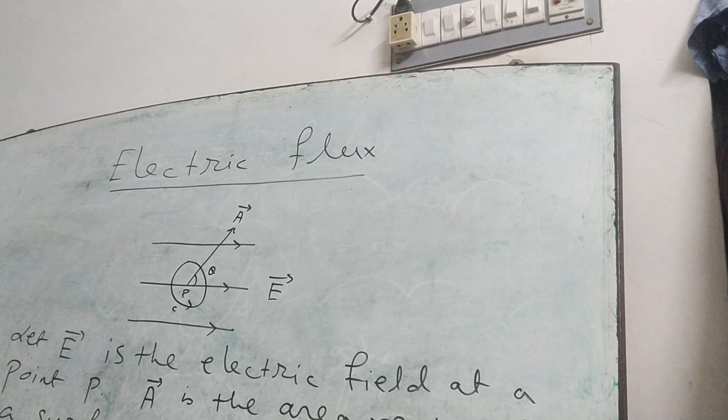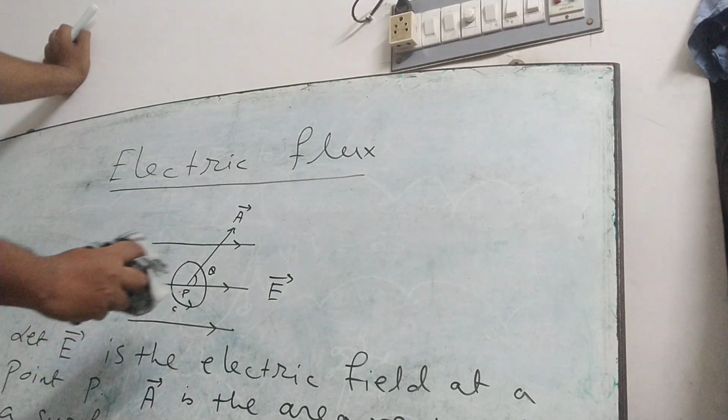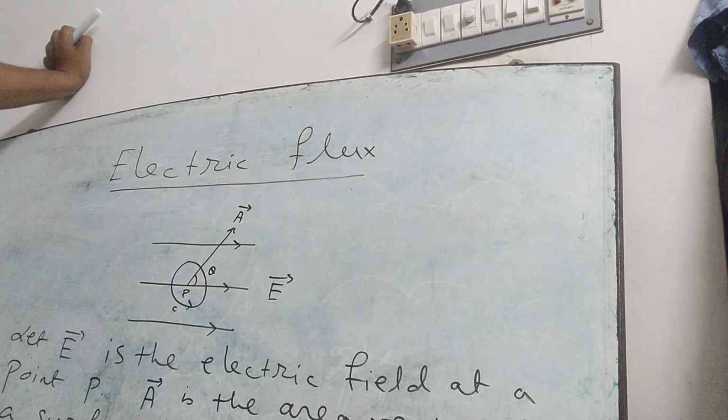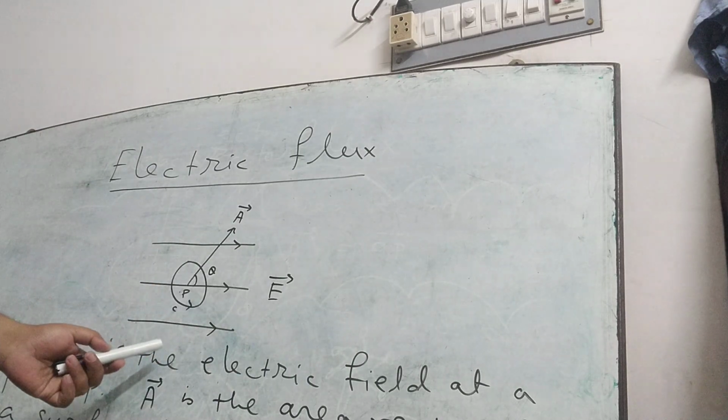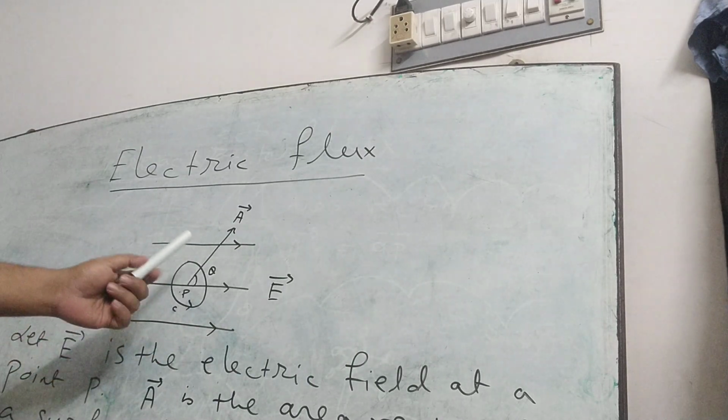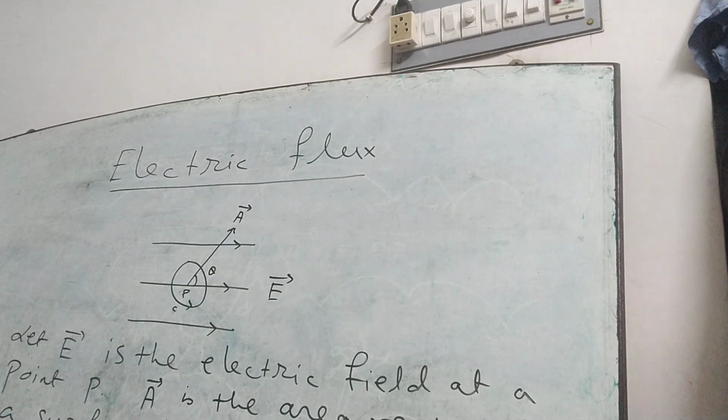Now, the electric flux at the point P is equal to the number of lines of force passing through the area in normal direction.